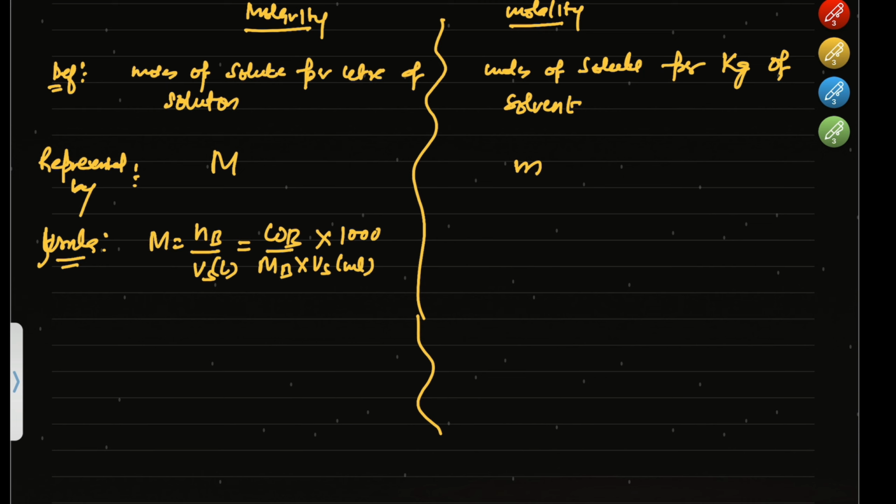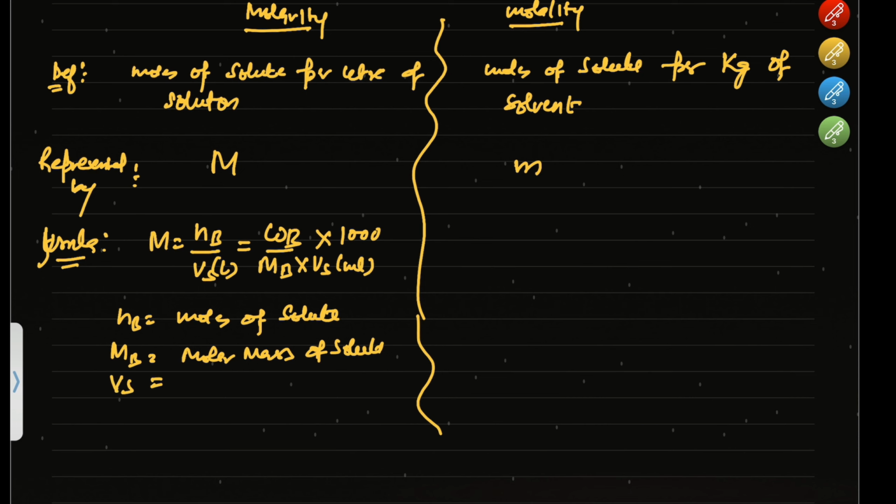Here we can write the meaning of each symbol: nB moles of solute, MB molar mass of solute, Vs volume of solution, or WB is weight of solute.